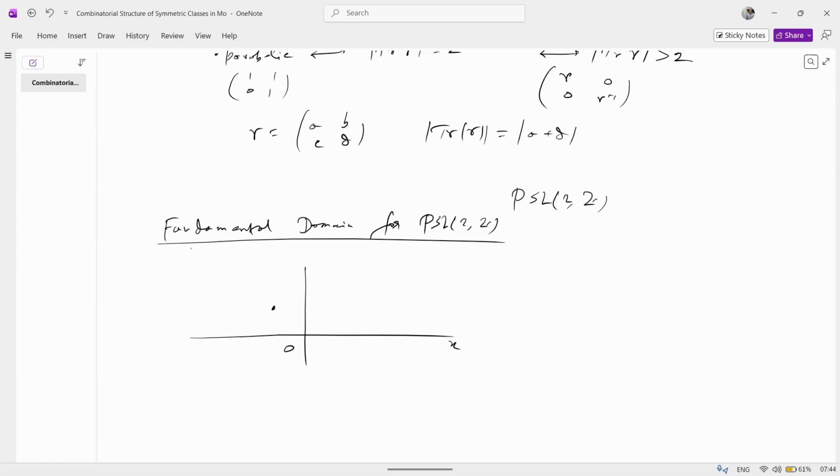I have these symmetric points, and we have this geodesic. This is the point i. So this is the fundamental domain. These 2 points are symmetric; you call them maybe rho and minus rho bar.